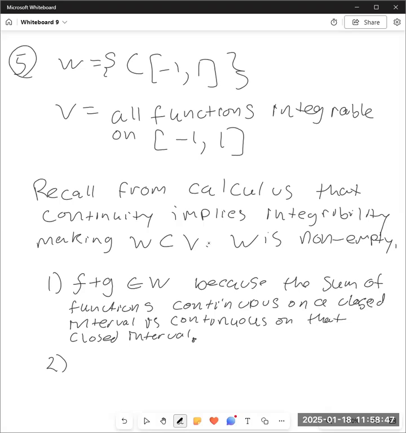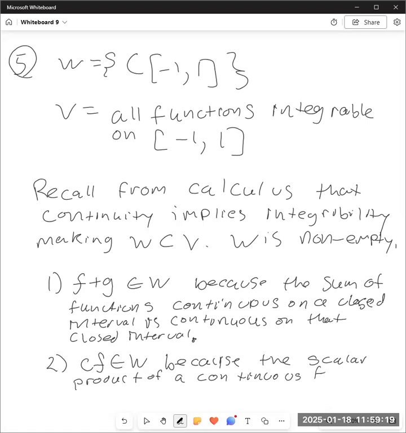Part 2, C times F will be in W because the scalar product of a continuous function on a closed interval is a continuous function.